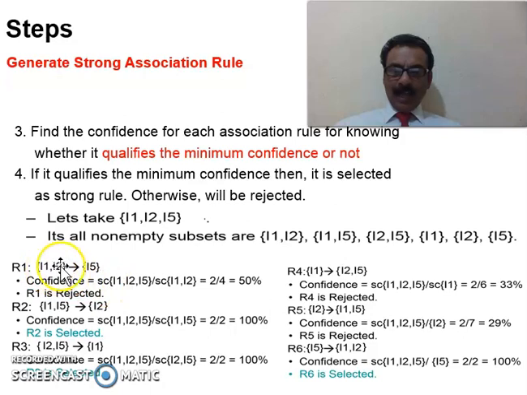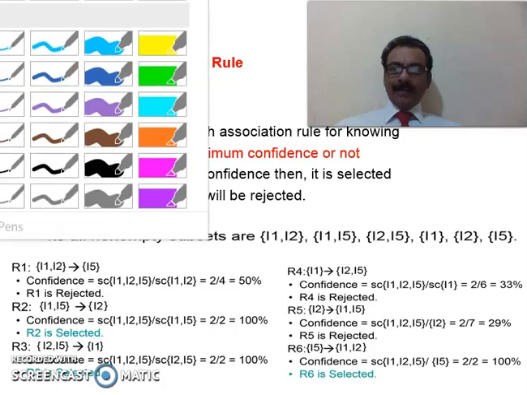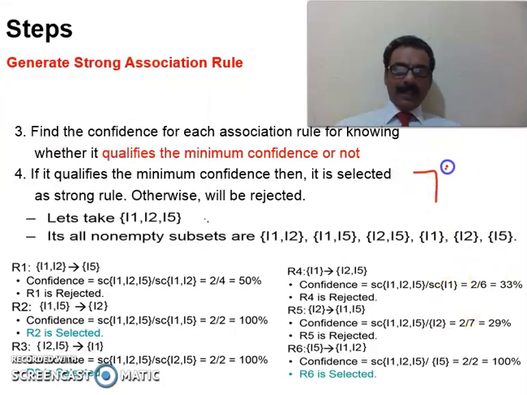Confidence is the support of I1, I2, I5 together divided by the support of I1, I2 alone. If you get that, here you can see it is 50% confidence, then that rule cannot be considered because it is never going to qualify the minimum confidence. The minimum confidence we set earlier at the start is 70%. So it is not qualifying that minimum, and this is rejected.